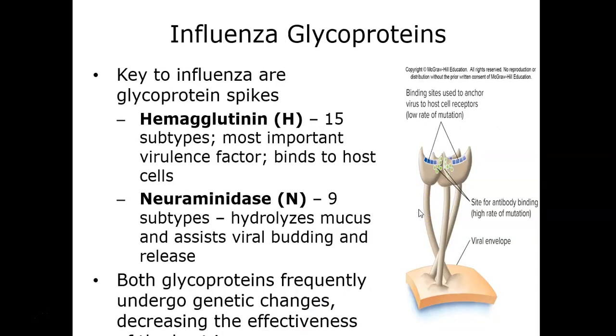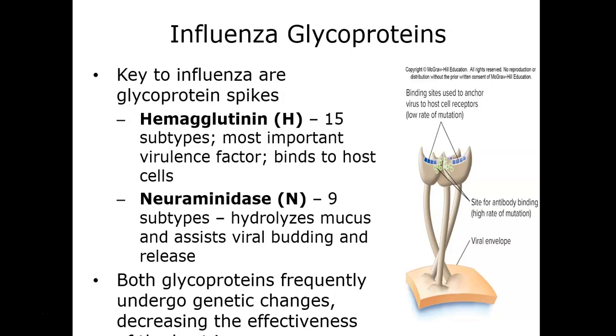We've already mentioned the glycoproteins: hemagglutinin, which allows it to bind to the host cell, and neuraminidase, which hydrolyzes the mucous membrane of the respiratory tract. Both of these glycoproteins can undergo genetic changes, and that can alter the treatments as well as the vaccinations that are prevalent for influenza.